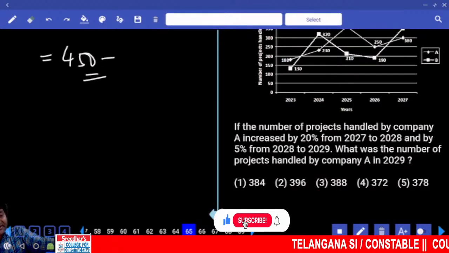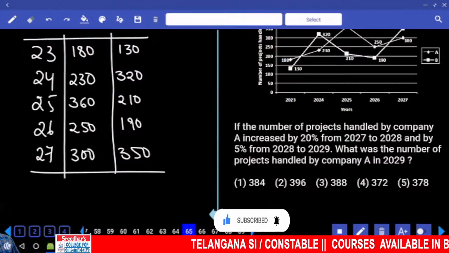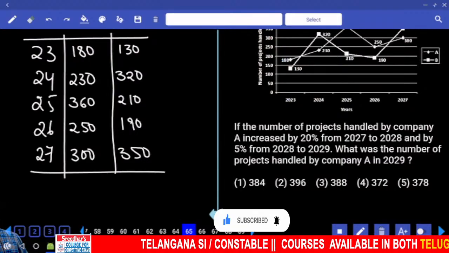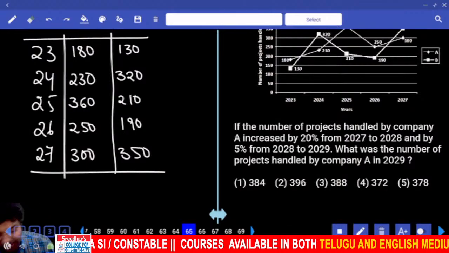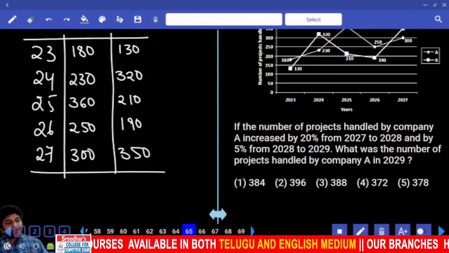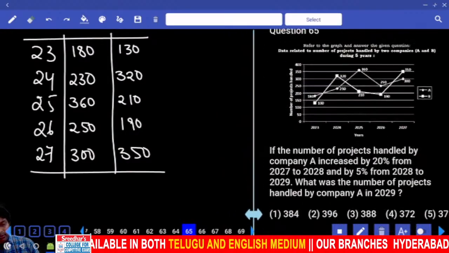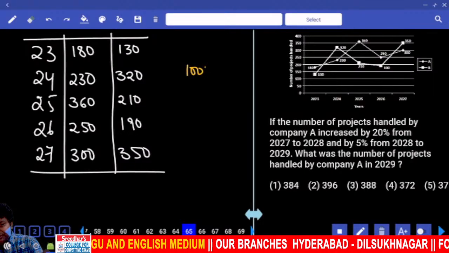If the number of projects handled by company A decreased by 20% from 27 to 28 and by 5% from 28 to 29, what was the number of projects handled by A in 29? Okay, in 27, I will treat it as 100%.